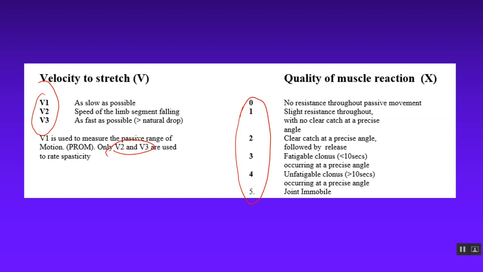That means if you keep the stretch on, that leg or foot or wrist will just keep beating back at you as long as you hold the stretch. It won't fatigue out. That's unfatigable clonus. And then 5 is you can't even move the limb to test it. Okay, so.